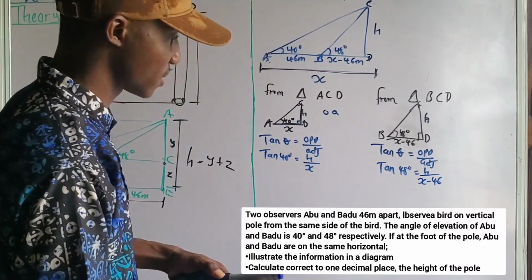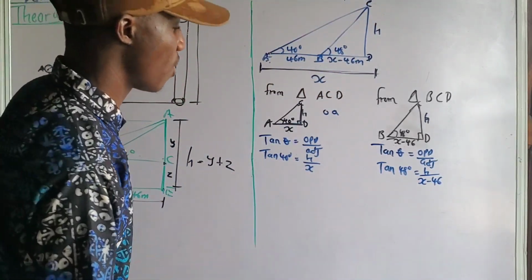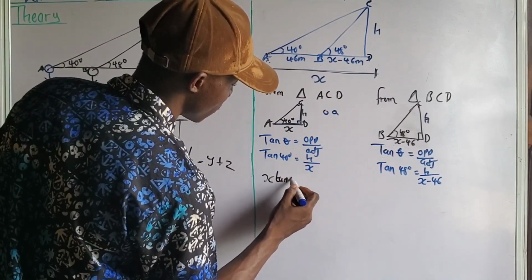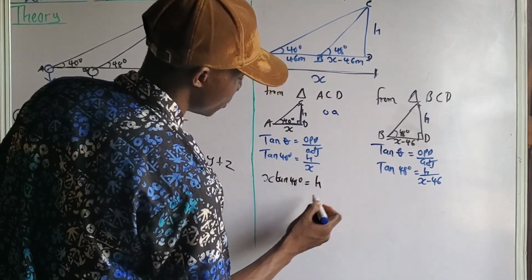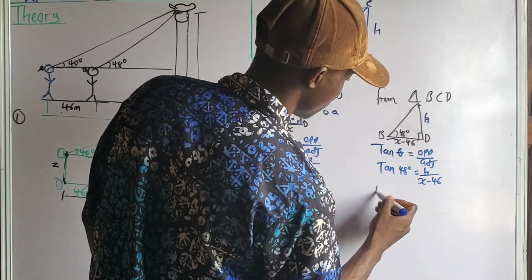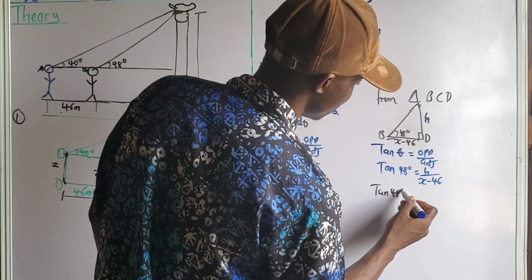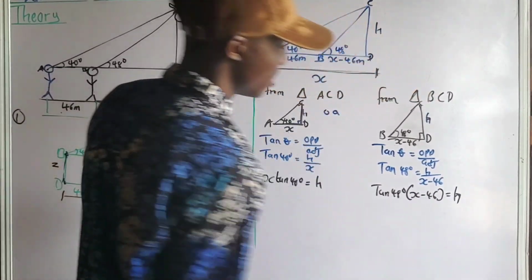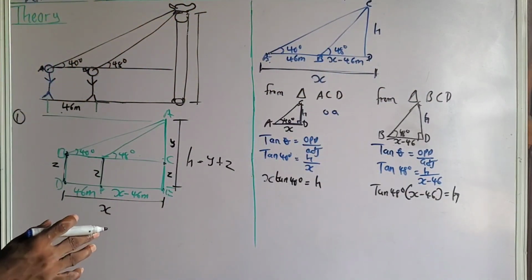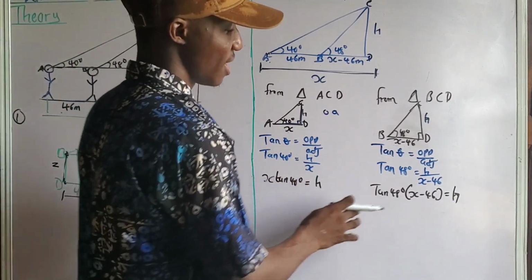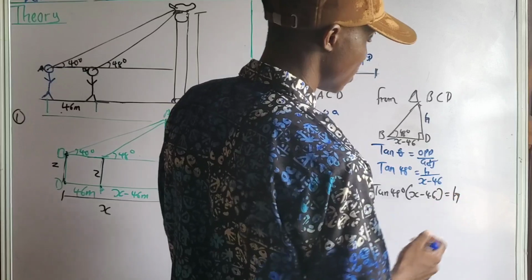Okay, now let us solve it step by step. For this, I'm going to have x tan 40 degrees equals h, and for this, tan 48 degrees multiplied by x minus 46 equals h. Can you see what I'm doing?